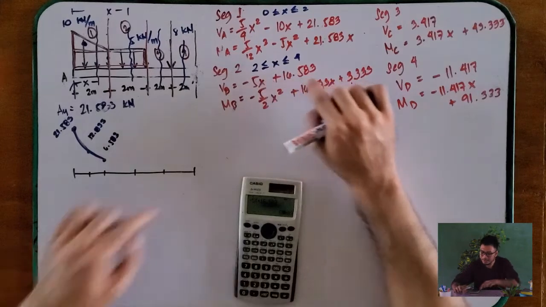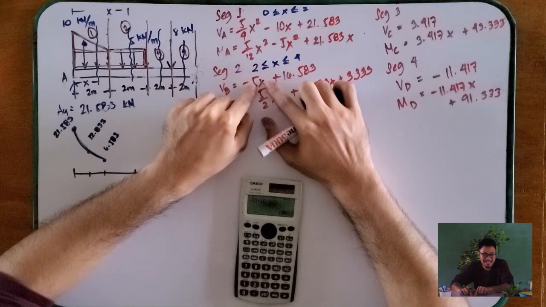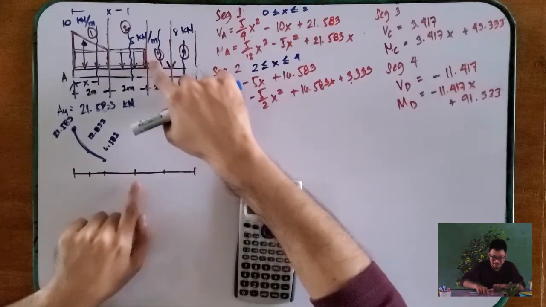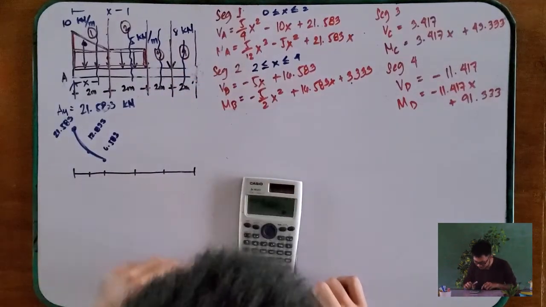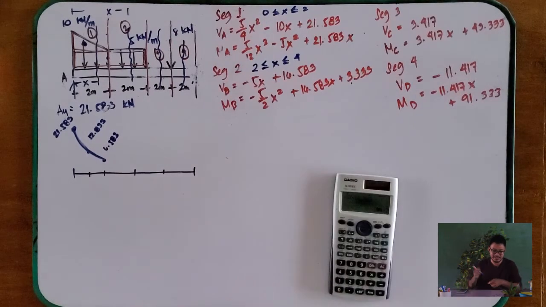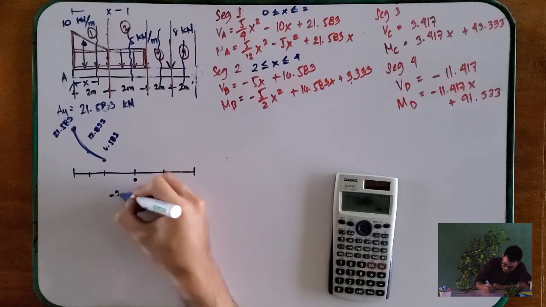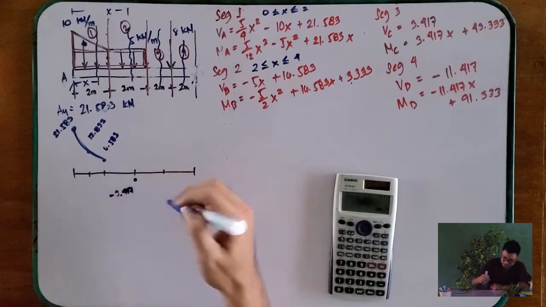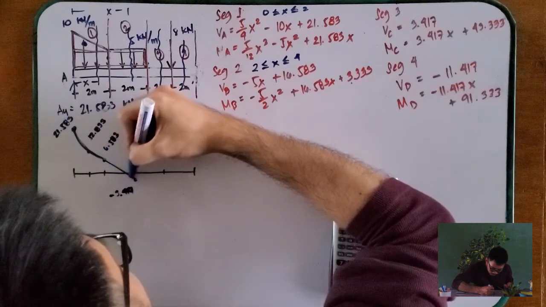Since we know the second is not squared, it is linear. So we go straight to the end of the segment, which is at 4. What is its value at 4? It is negative 3.417, so it is linear going downward.